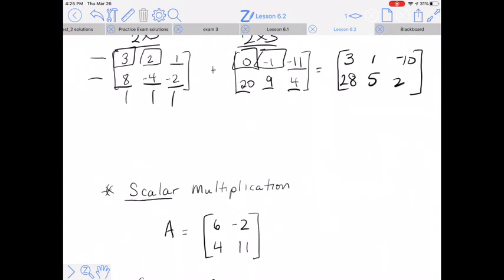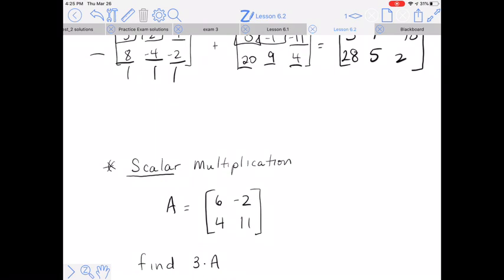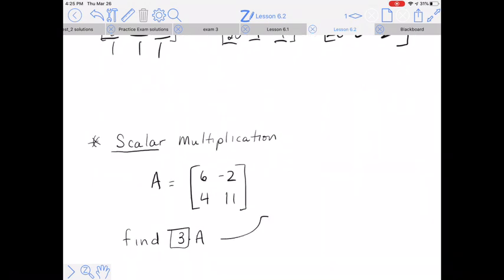So for example, if we have matrix A here, a 2 by 2 matrix, I'm not going to multiply it with another matrix entirely. I'm going to multiply matrix A by 3. 3 would be considered the scalar here. So 3 times A would be 3 times the matrix.